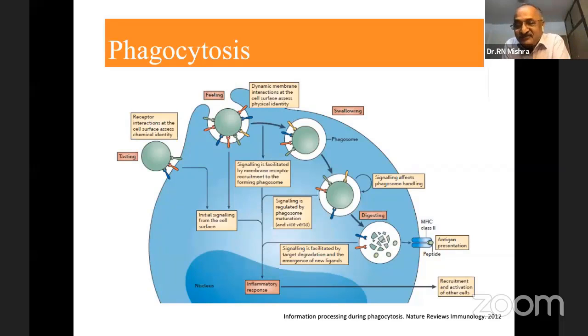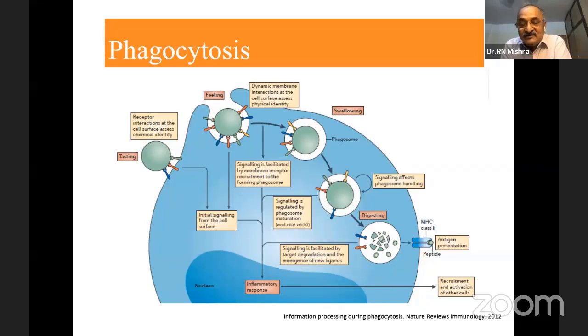Phagocytosis is the first layer of defense. I mean, the first layer is, of course, the skin and the intact mucous membrane. But once that barrier is broken, then come these cells, which are the front runners.